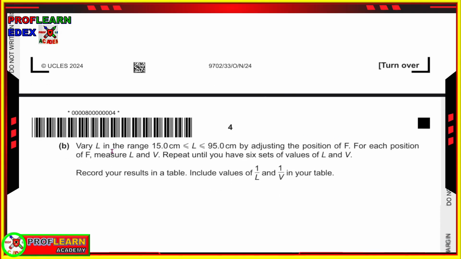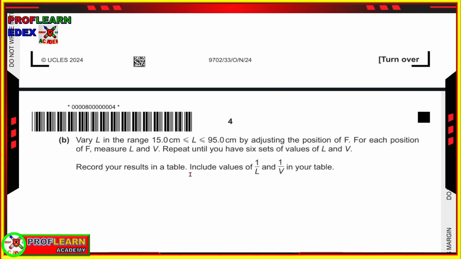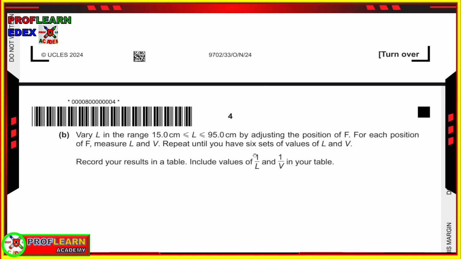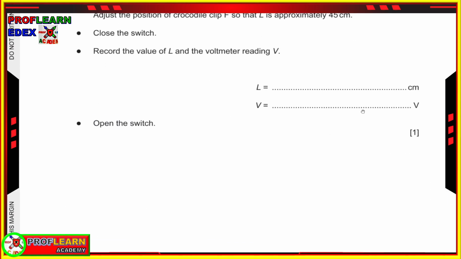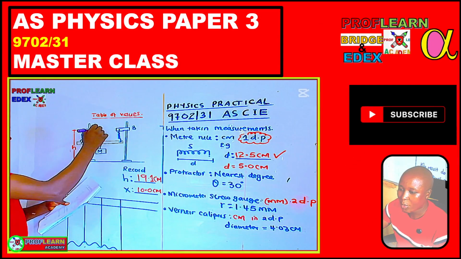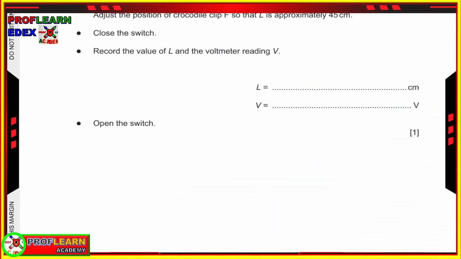Now you are told to vary L. You are going to be told what to change, and then get 6 sets of values. The 6 sets of values will not include whatever we have gotten here. We have to come up with new 6 values to fill in our table.